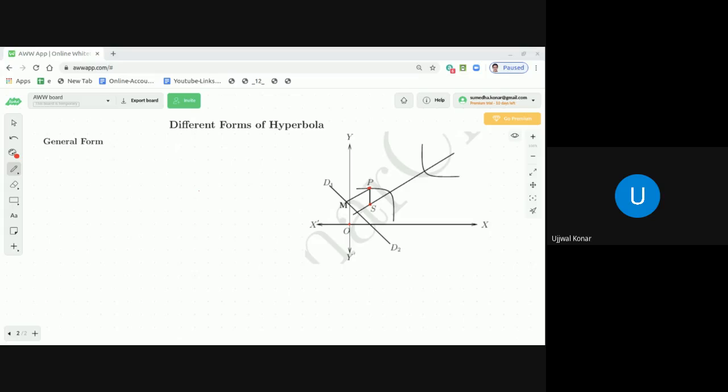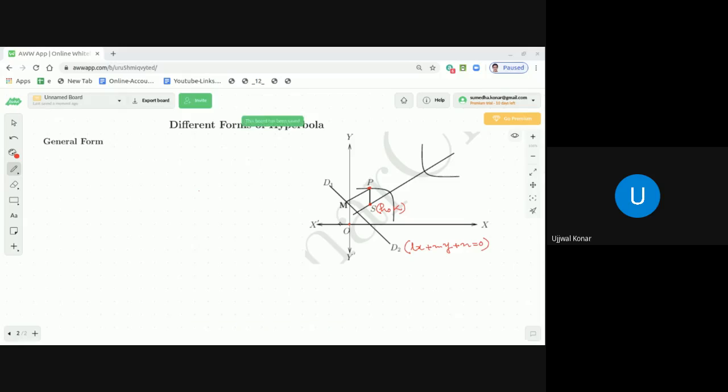Now, dear students, as it is a general form, we are considering the focus to have coordinates h comma k. That is a very generic point, h comma k, and the straight line D1, D2 has the equation lx plus my plus n equal to 0.